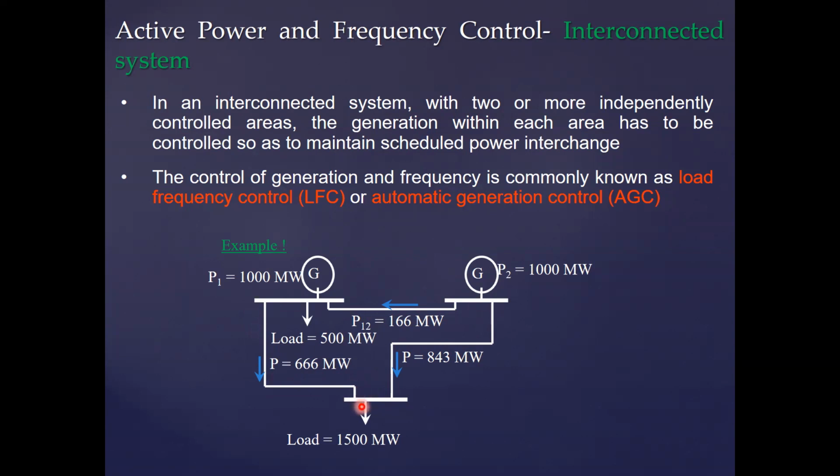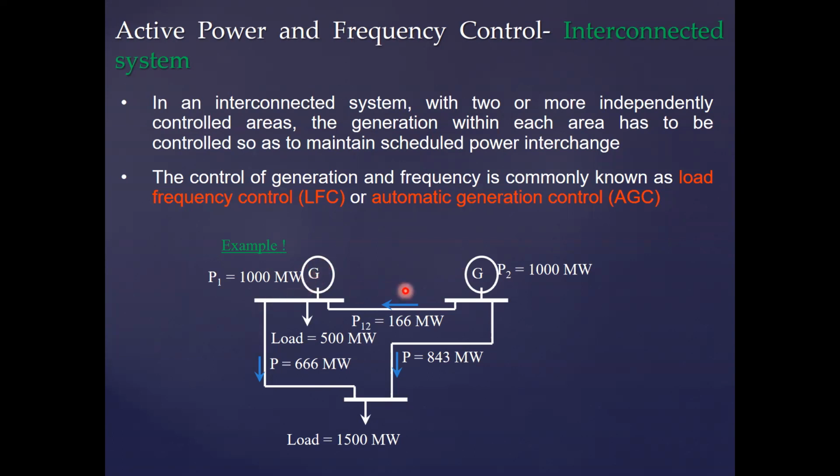And thus, this principle, the control of generation or the frequency, we call load frequency control or automatic generation control. This applies when you schedule the output power from the generator based on the load demand change.